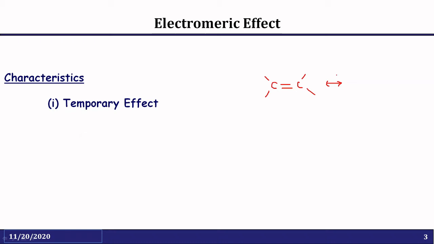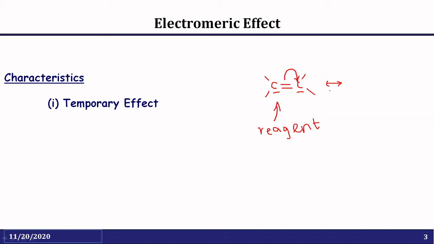The next one is the electromeric effect. The electromeric effect is a temporary effect. It is observed in multiple bonded compounds. When a reagent, for example a polar reagent, approaches this double bonded compound, then the pi electron will be moved to one of the carbon atoms depending upon the substituent present on either side of the carbon atom.